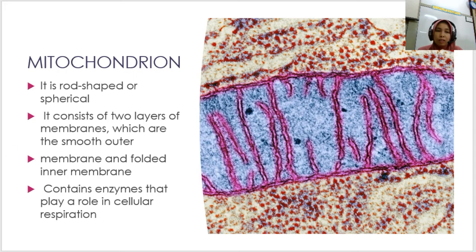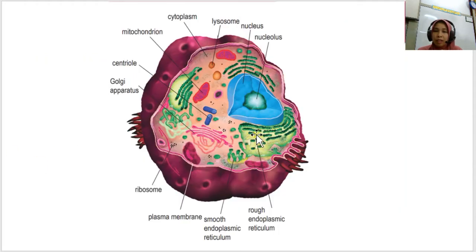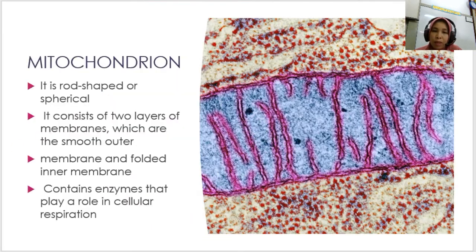If you look inside the cell here, this is the mitochondrion. Under the microscope we can see it like this. It is rod shaped or spherical, and consists of two layers, which are the smooth outer membrane and the folded inner membrane.